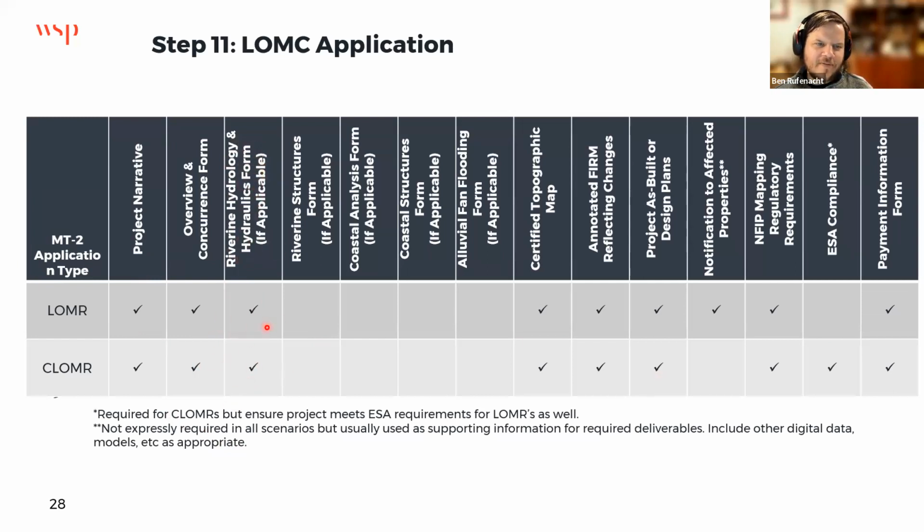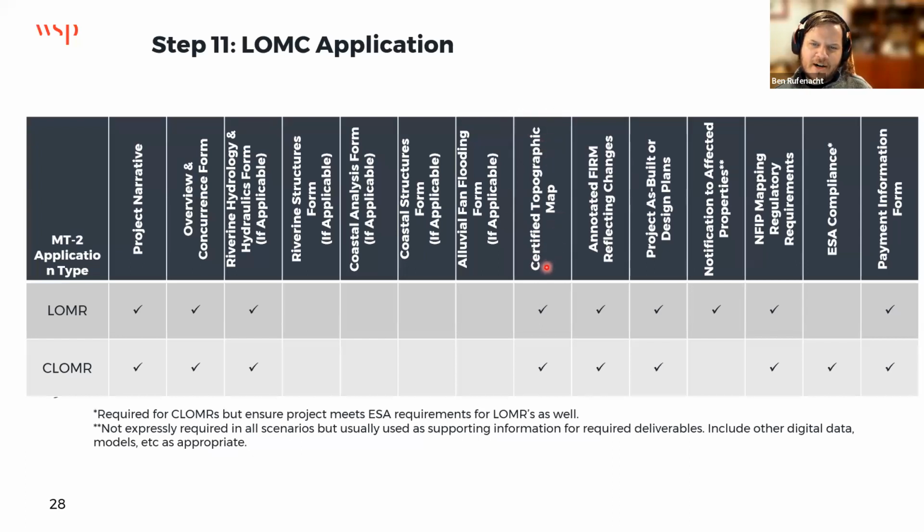This is definitely required for this one because we are changing the hydraulics through the area. We are not doing a structure. That would be if you're putting in a new bridge or culvert across the river itself, or a dam, anything along those lines. You would need to fill out the riverine structures form. We are not doing this for this example project. Of course, no coastal, no alluvial fan.